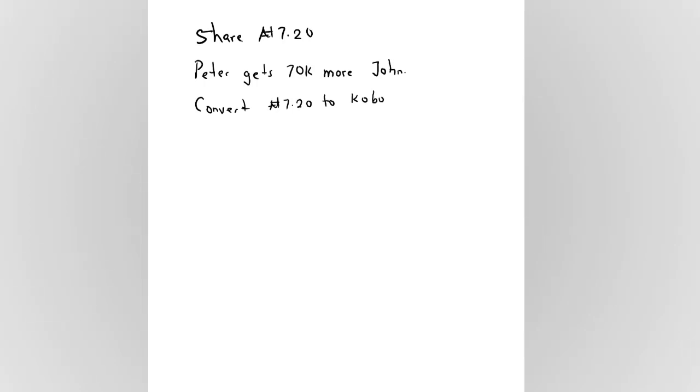To do that we multiply by 100. 7.20 times 100: just move the decimal twice, and your final answer is 720 kobo. So we have converted 7 naira 20 kobo to kobo.